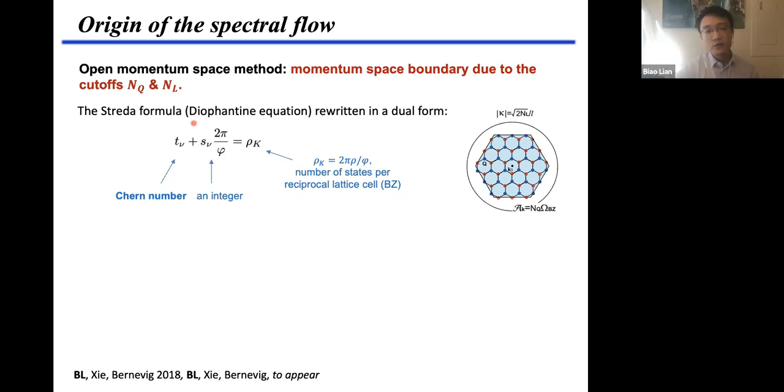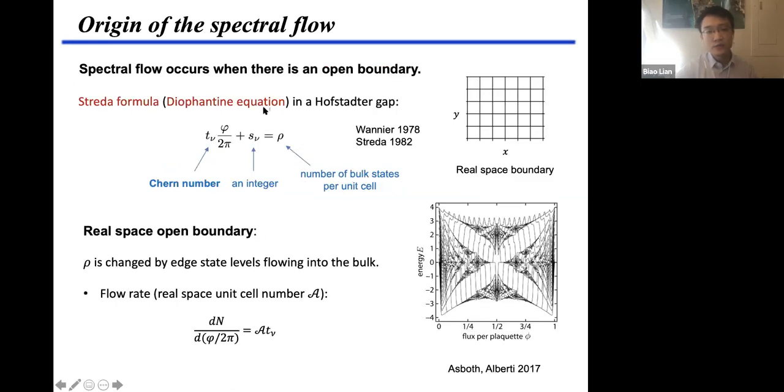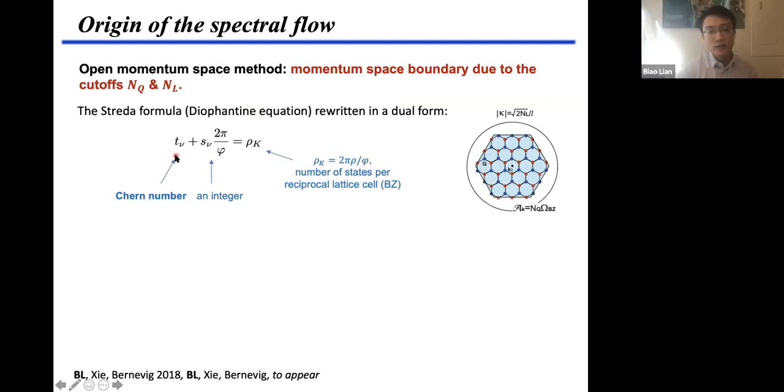This is completely equivalent to the previous Streda formula or Diophantine equation. It's just that you multiply both sides by 2 pi over phi, then you find a dual form where 2 pi over phi plays the role of phi over 2 pi in the previous equation.